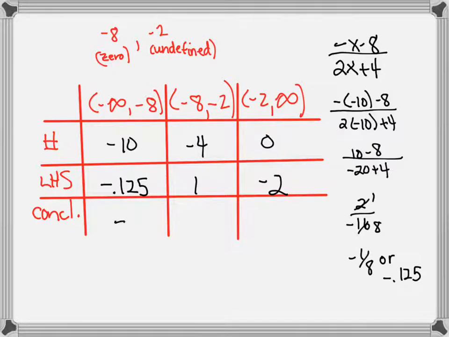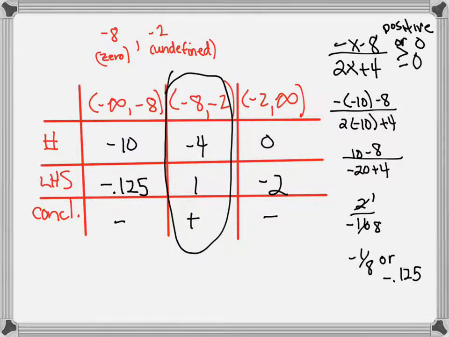So my first interval leads to negative numbers, my second interval leads to positive numbers, and my third interval leads to negative numbers. In the original inequality, we wanted to know where it was greater than or equal to 0, so we're interested in the positives or 0.